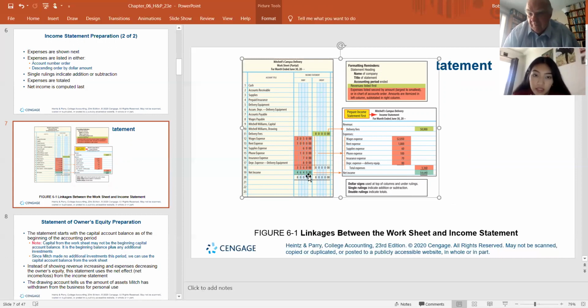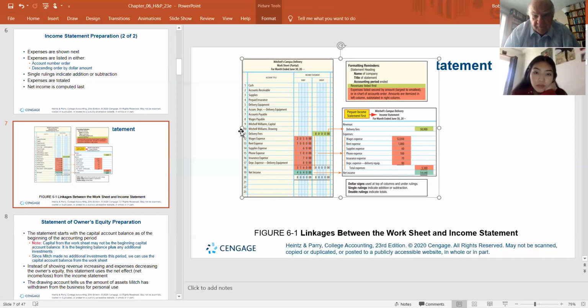Okay, remember our trial balance is always going to be in order of assets, liabilities, equity, revenues, and expenses, right? So I've told you guys, find your first revenue account, and here they just have one, delivery fees.